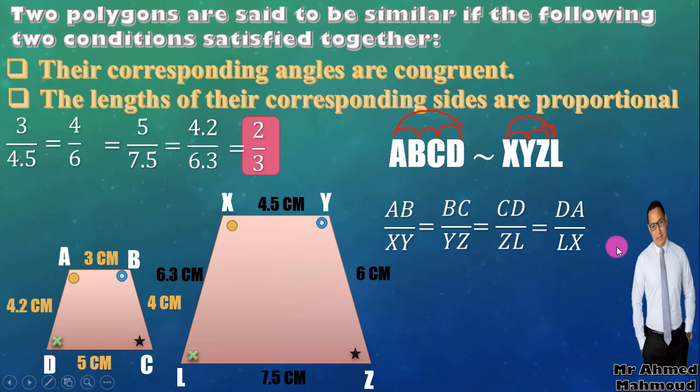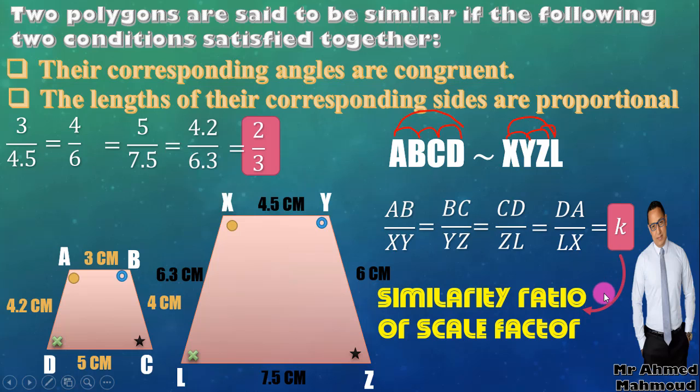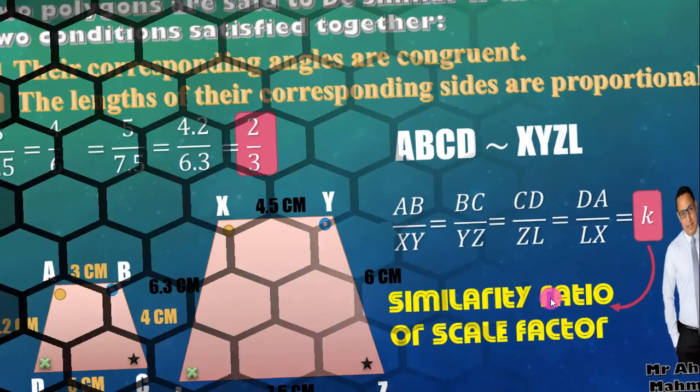This ratio equals a constant, which we are going to call K. K looks like 2 over 3. K is the scale factor or the similarity ratio. Again, K is the similarity ratio or scale factor. Let's study the first example with us.